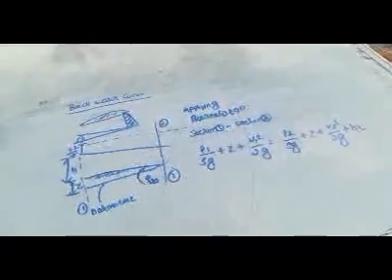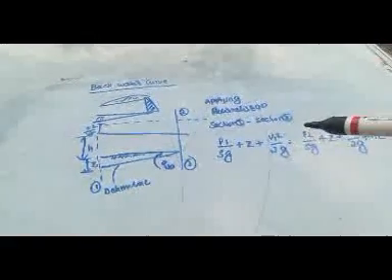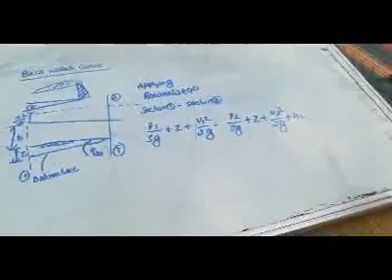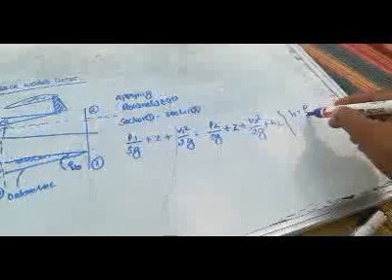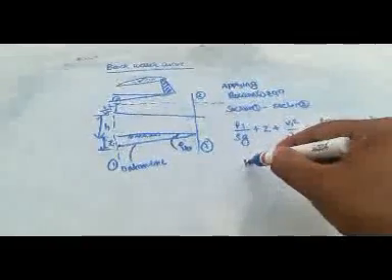So here we are taking P1 by rho g, which I said is the pressure head. So we can write H is equal to P by rho g.